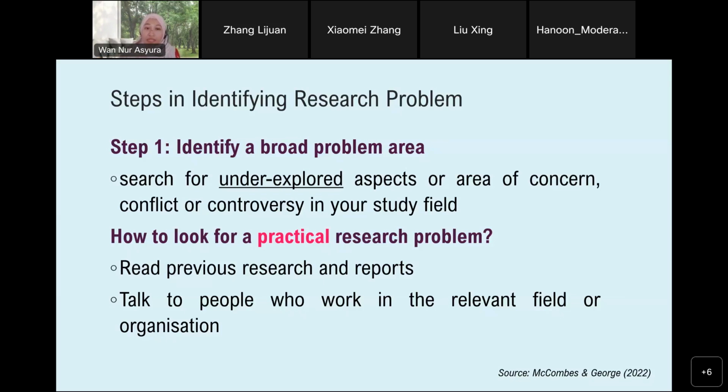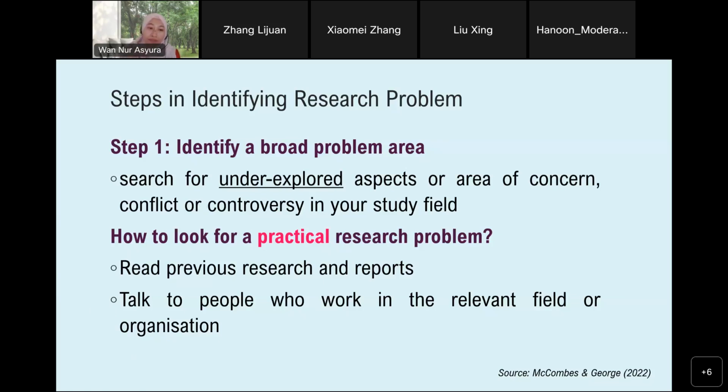To know that, you need to read a lot and look at the limitations. If you look at the limitations part of a previous thesis or any article, there must be a statement where you can find limitations that you can consider as underexplored aspects.